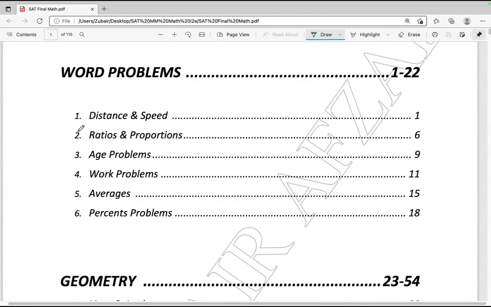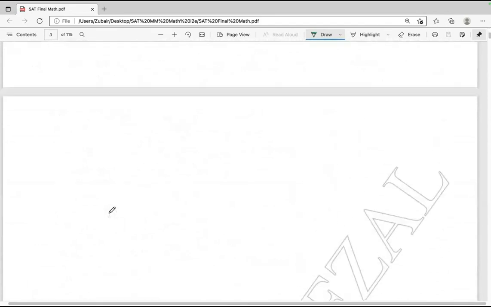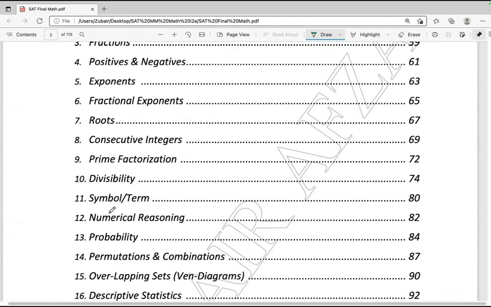I'm getting those flashbacks of what your strengths and weaknesses were. So we may be trying 3 to 4 topics a day. For next class, we'll try to complete the sales work and percentages. My target is to complete this booklet in 4 weeks, and we'll save the remaining 6 weeks for complete test practice.